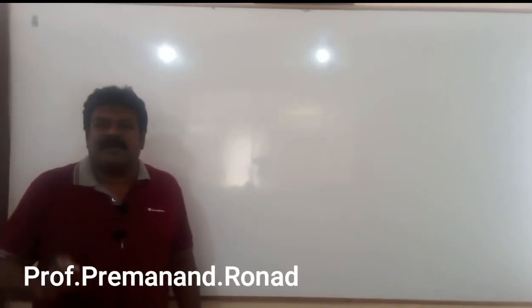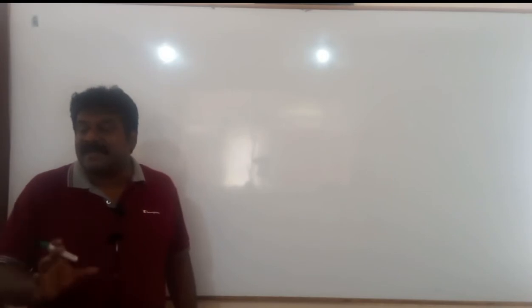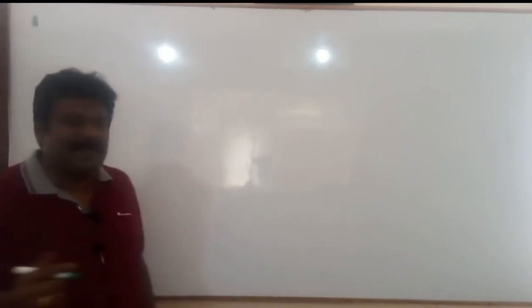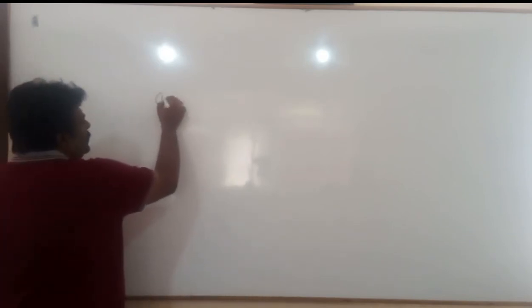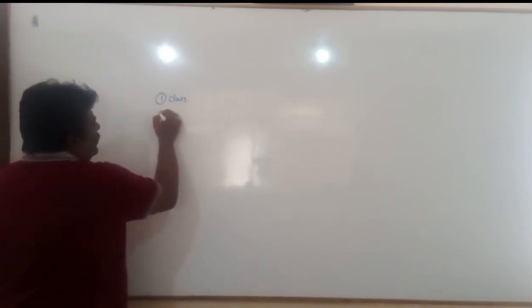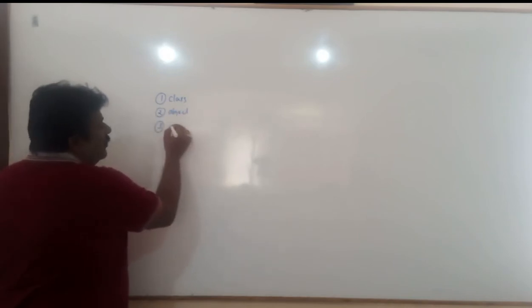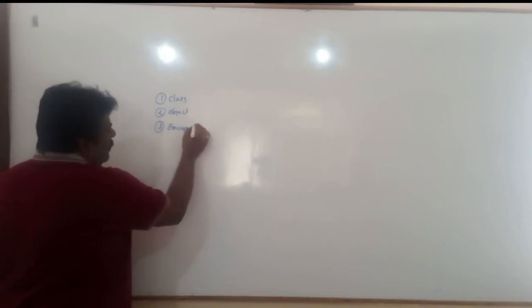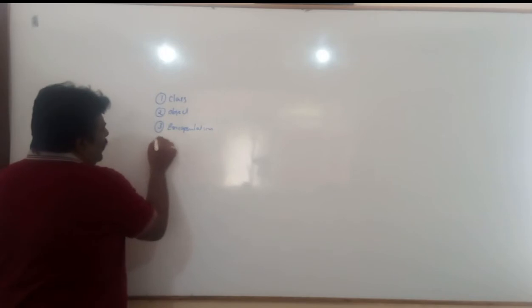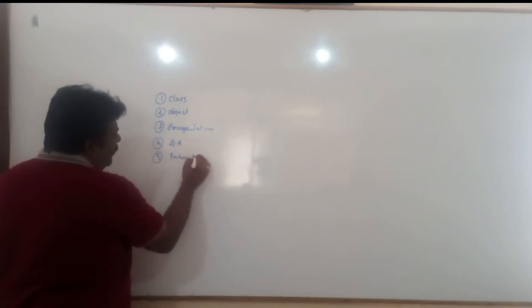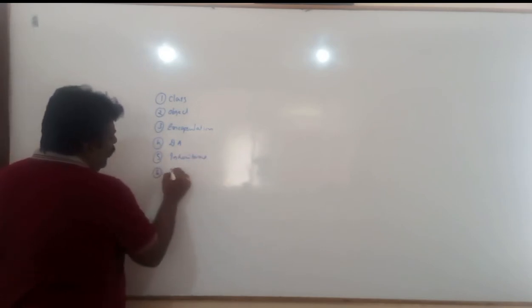Already in the last session we have learned about the basic characteristics of object orientation. Okay, can you please tell me? First one is class, second one is object, third one is encapsulation, fourth one is data abstraction, fifth one is inheritance, and sixth one is polymorphism.